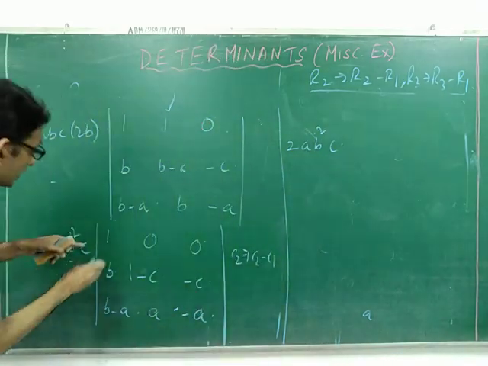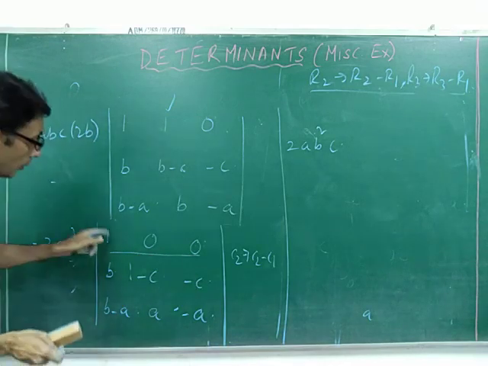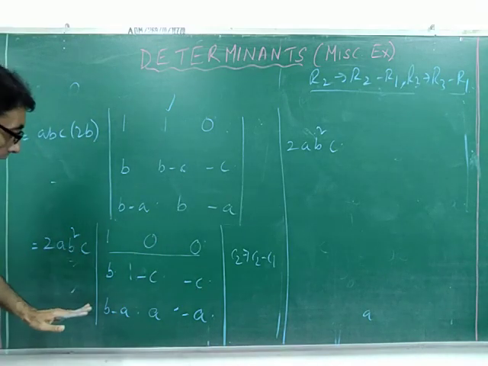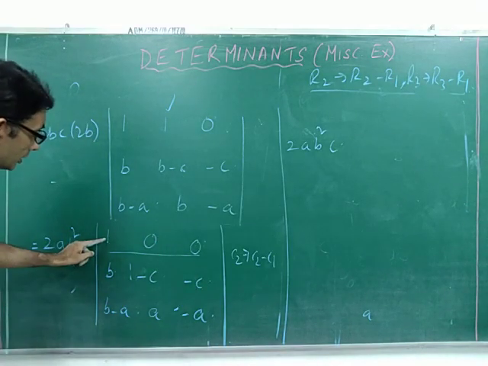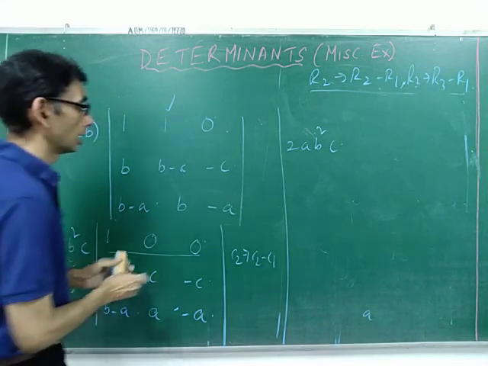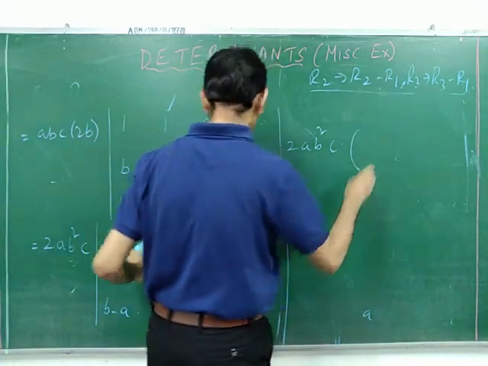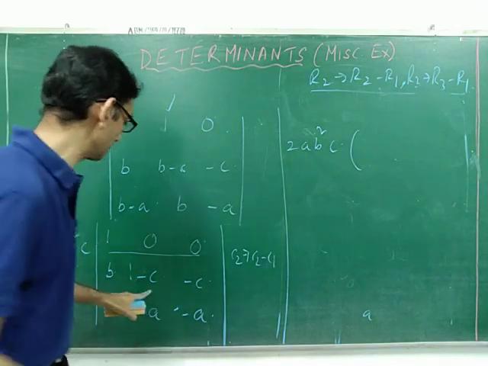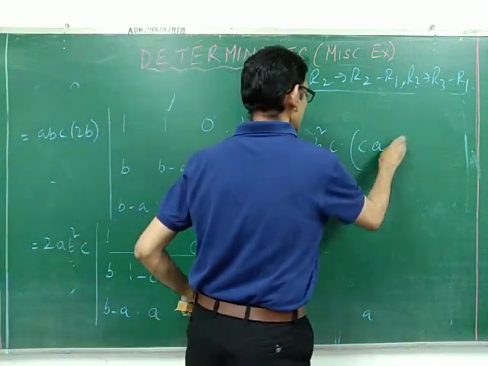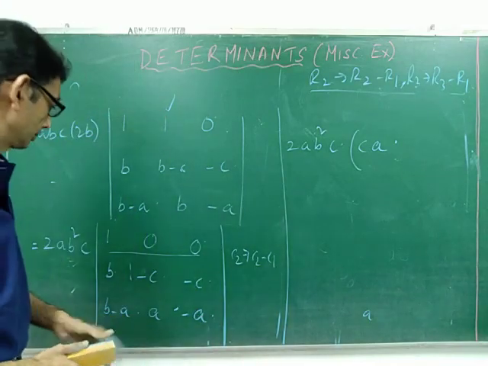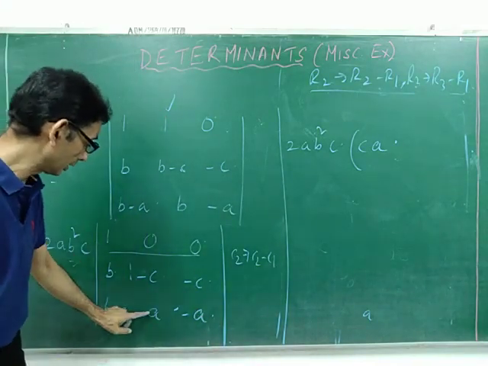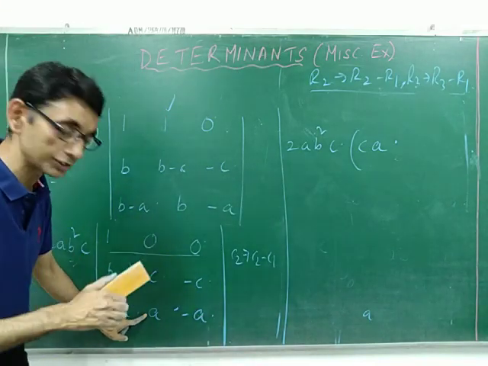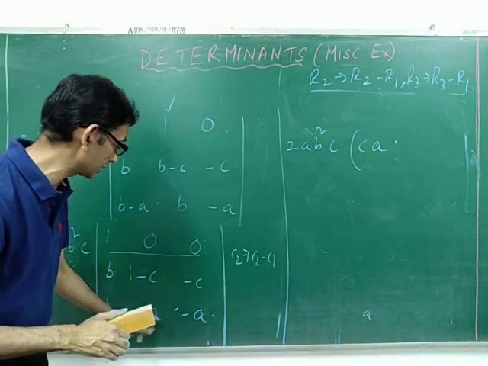Now since you have seen the first row 1 0 0, we can obviously expand along the first row. So 2ab squared, and if you expand, this will be minus C and minus A. Minus A means this is CA, because minus times minus is plus. Then there will be another extra minus, then minus plus AC.